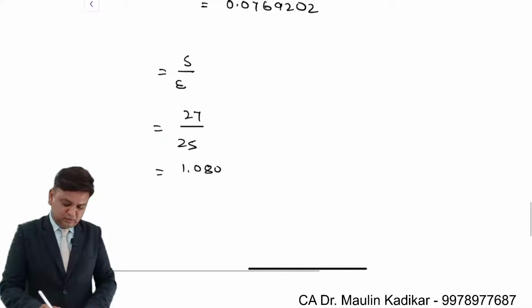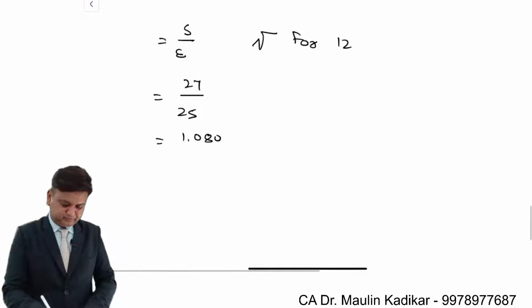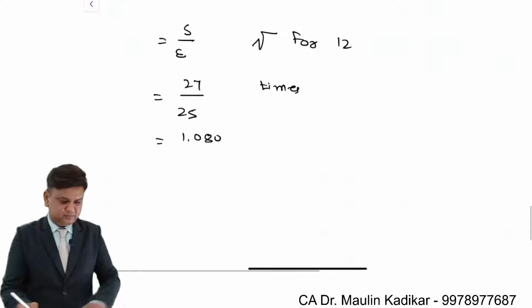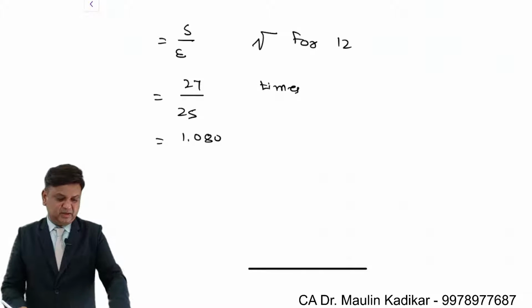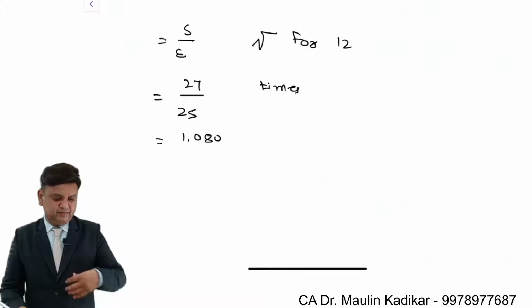Then you are required to take the square root 12 times. So 1.08. Please start doing it with me: 1, 2, 3, 4, 5, 6, 7, 8, 9, 10, 11, 12.